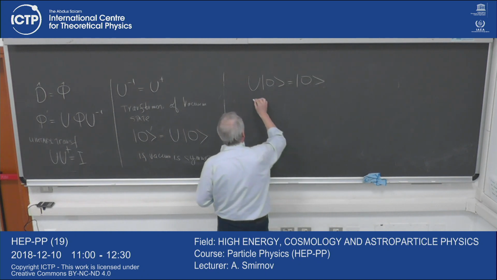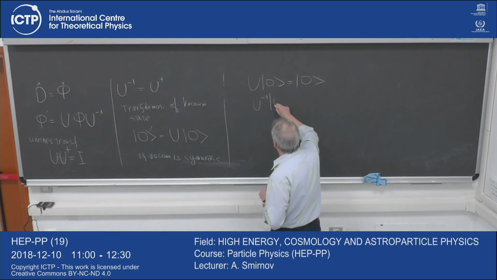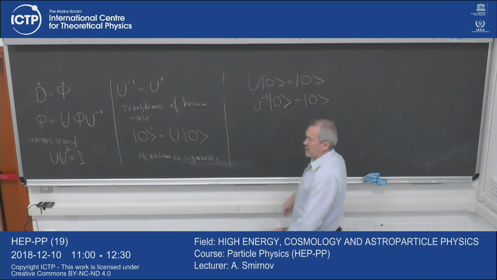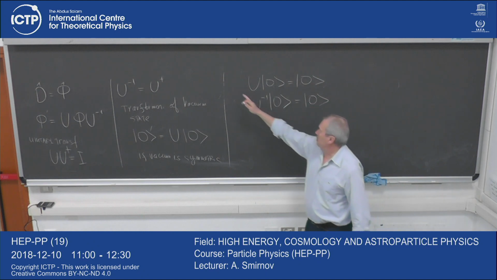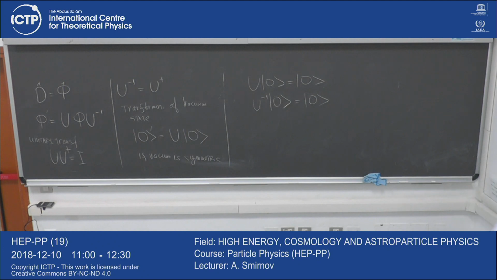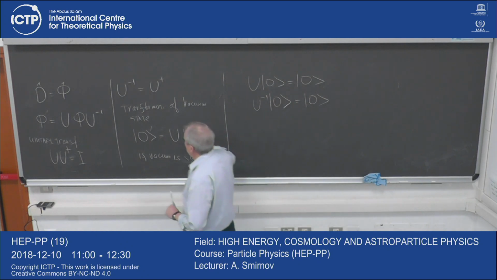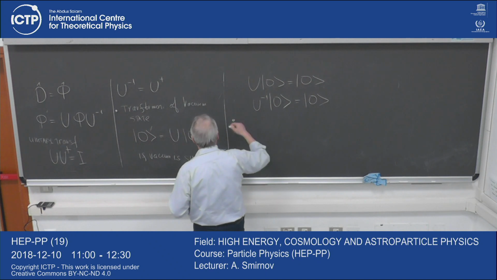We can write this also in the form that the inverse transformation acting on vacuum again gives the vacuum state. It's clear that these two are related: I just multiply by U minus 1 on the left-hand side, and I get the second equation. So this is the transformation of vacuum. Now let us discuss transformations of a general state.